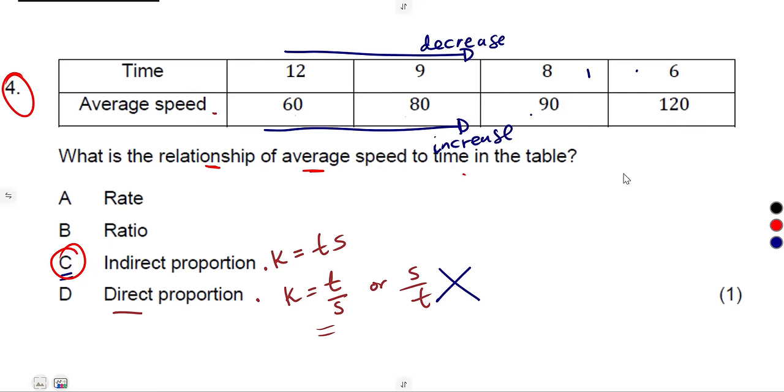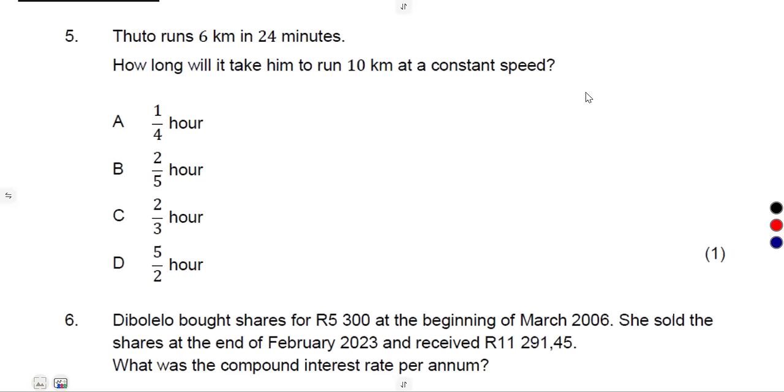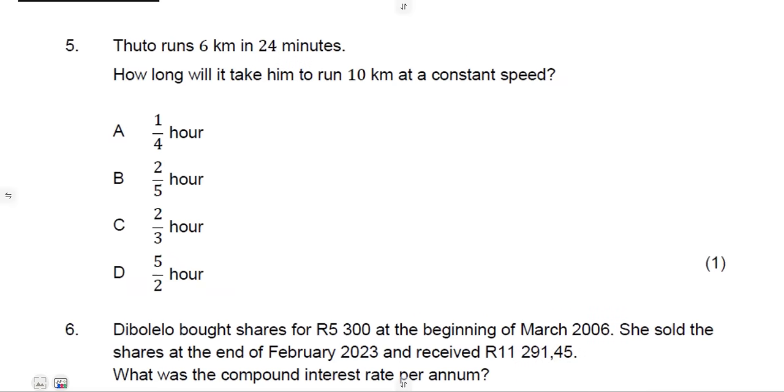All right. Let us consider another part of our question, which is question number 5. We are given that Tutor runs 6 kilometers in 24 minutes. How long will it take him to run 10 kilometers at a constant speed?